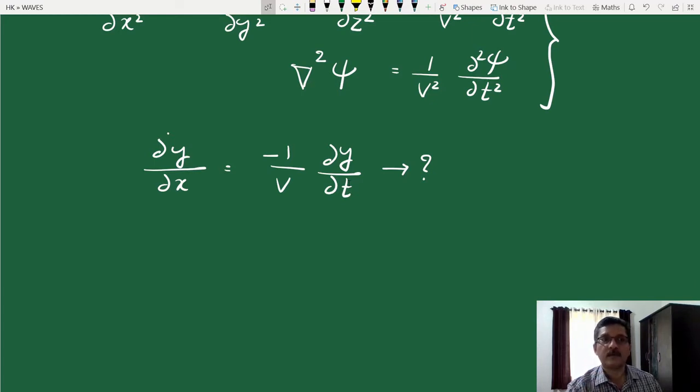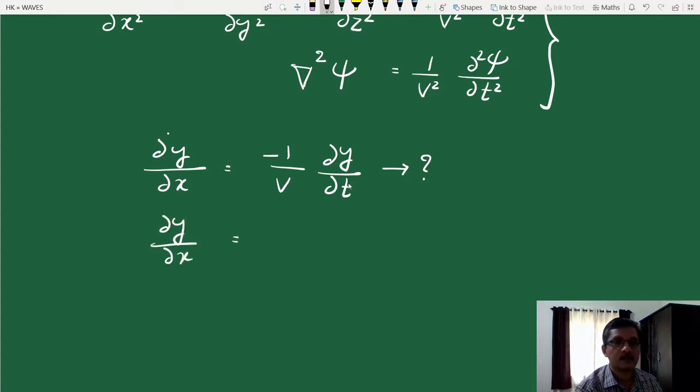If you start with a wave traveling along minus x direction, you will end up with the equation ∂y/∂x equals 1 by v ∂y/∂t. So it looks like you have one wave equation for a wave traveling along plus x direction, and another for a wave traveling along minus x direction. There is a difference in sign, right? So this is not satisfactory.